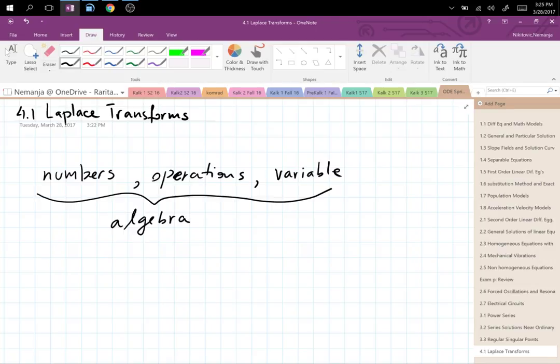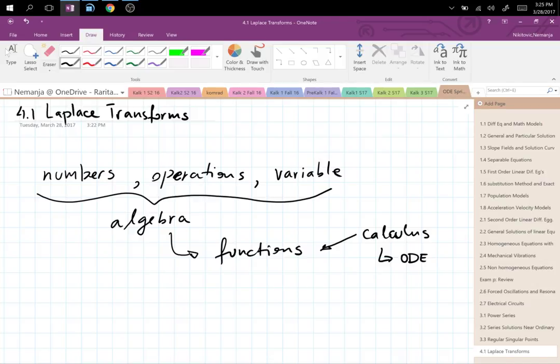And then the algebra grows into functions on which you apply calculus. Some kind of a map. Now calculus branches into ordinary differential equations and other stuff.